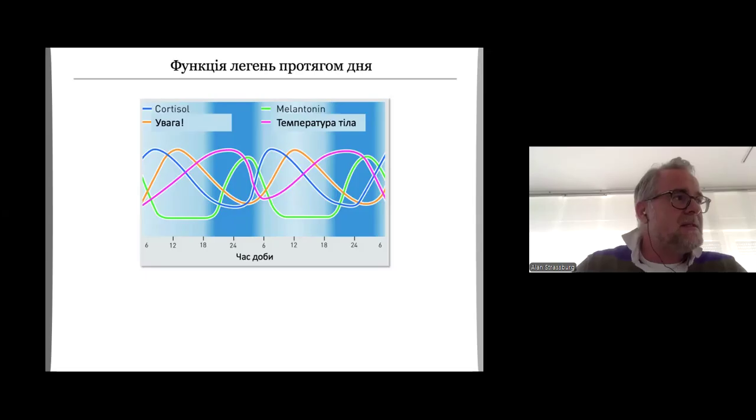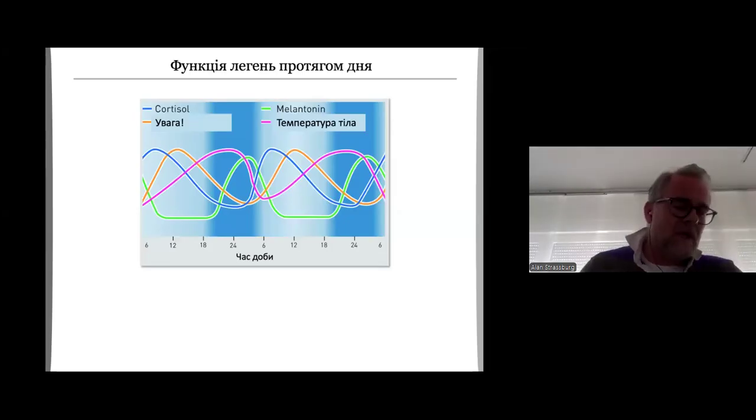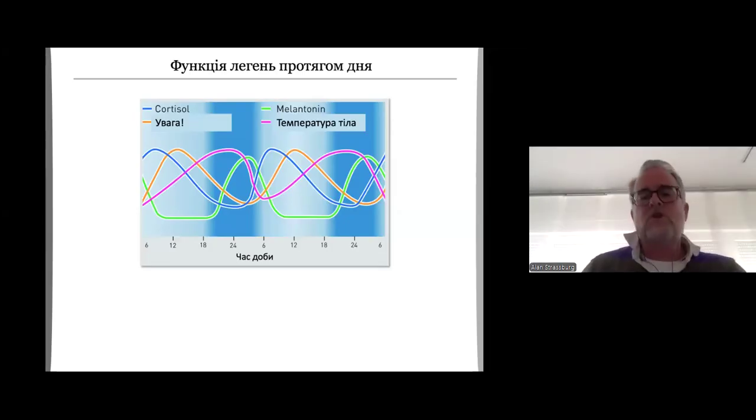It is necessary for you all to know that the lung function test is quite variable during the daytime. That is because of the cortisol built in the body during daytime, within the inner clock of the body, as well as melatonin and the body temperature.